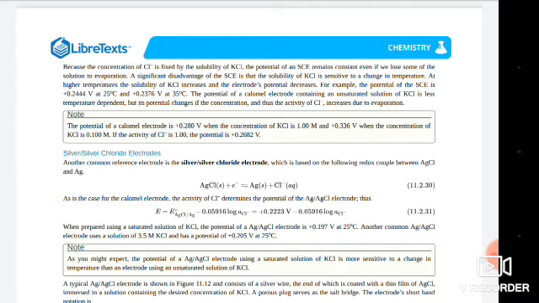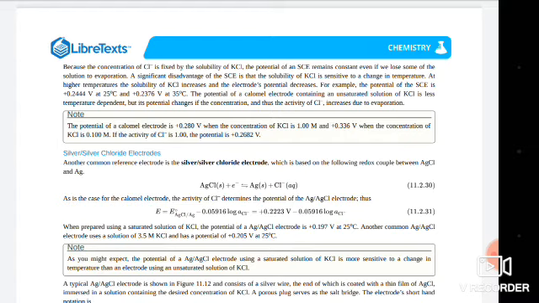At higher temperature, the solubility of KCl increases and the electrode potential decreases. For example, the potential of the saturated calomel electrode is plus 0.2444 volt at 25 degrees Celsius and 0.2376 volt at 35 degrees Celsius.